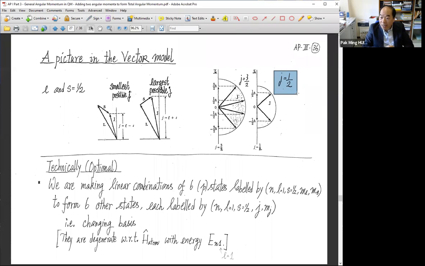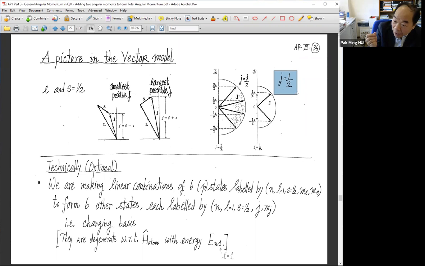Another case is that they could be anti-aligned. One spin half like this, another spin half like that, so they cancel each other and you have spin 0 when you add two spin half angular momentum.